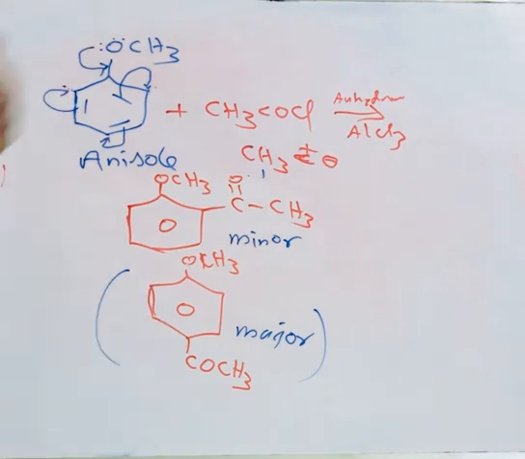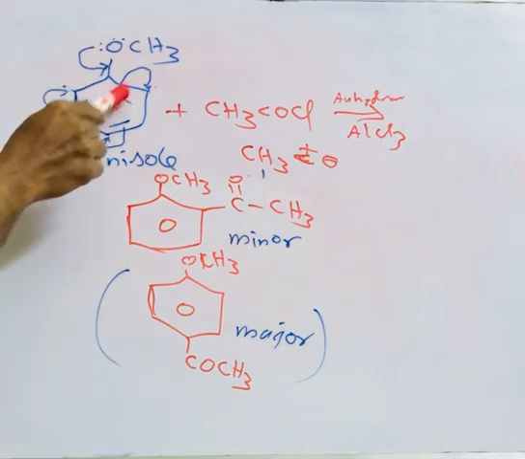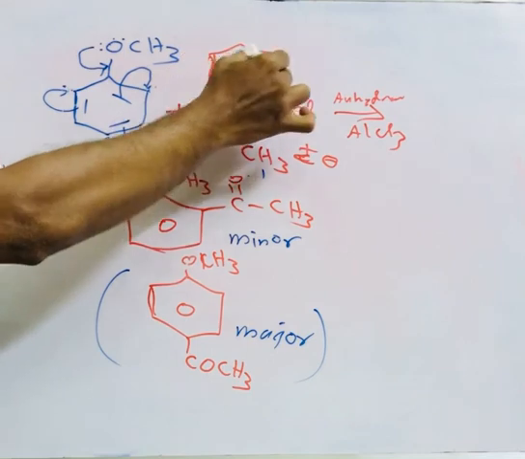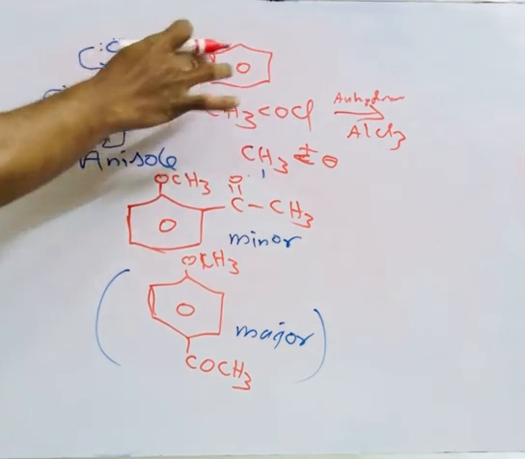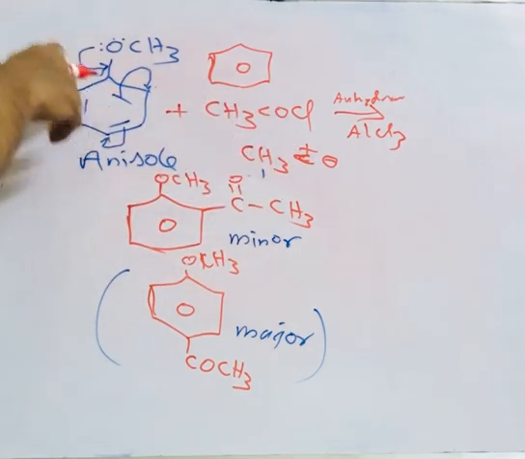And compared to benzene, whether anisole has more reactivity towards electrophilic substitution or less, that is also one question you can be asked. Plain benzene, I don't have any substituent, but it undergoes electrophilic substitution. Remember, compared to benzene, anisole participates in electrophilic substitution very fast.